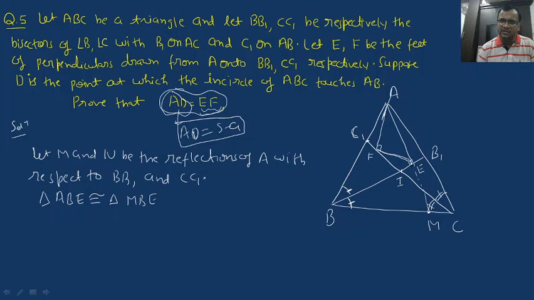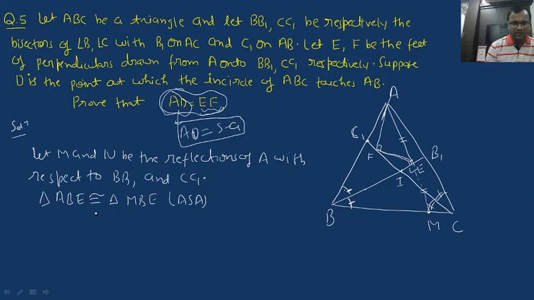Angle BEA is 90, and here angle BEM is also 90, and side BE is common to both the triangles. Therefore, by the angle side angle congruency theorem, these two triangles are congruent, and then clearly the length AE becomes equal to the length EM, and therefore we can say that M is a reflection of A with respect to bisector BB1.